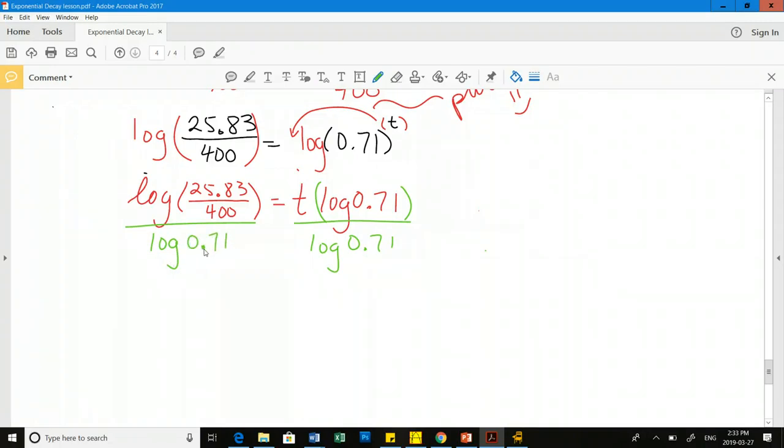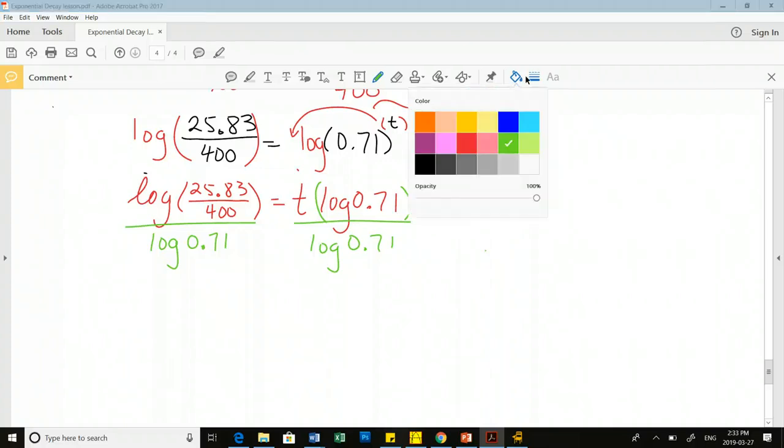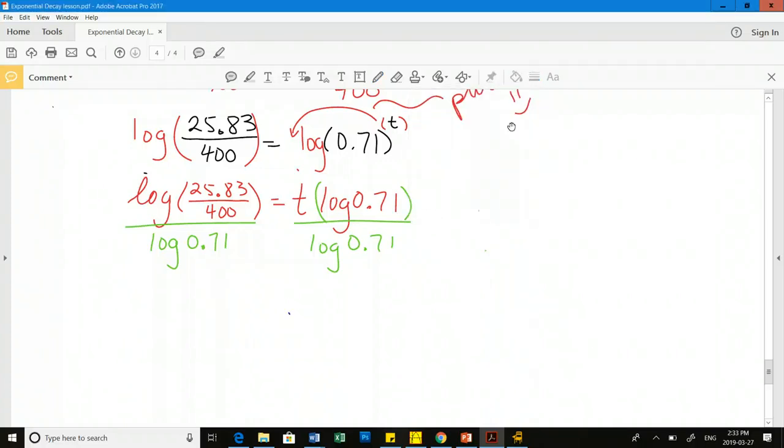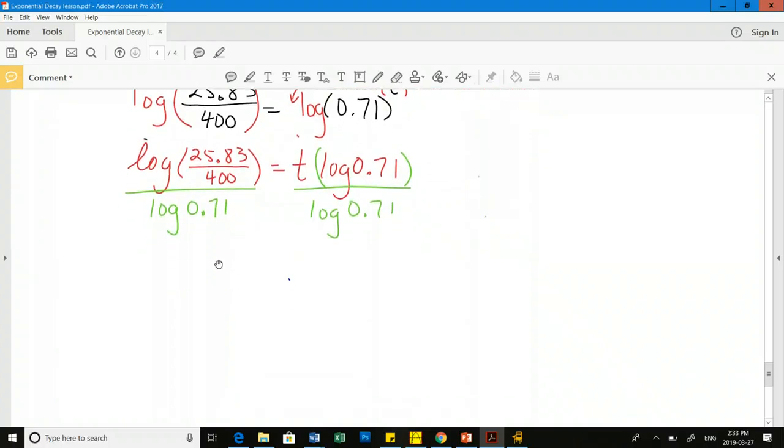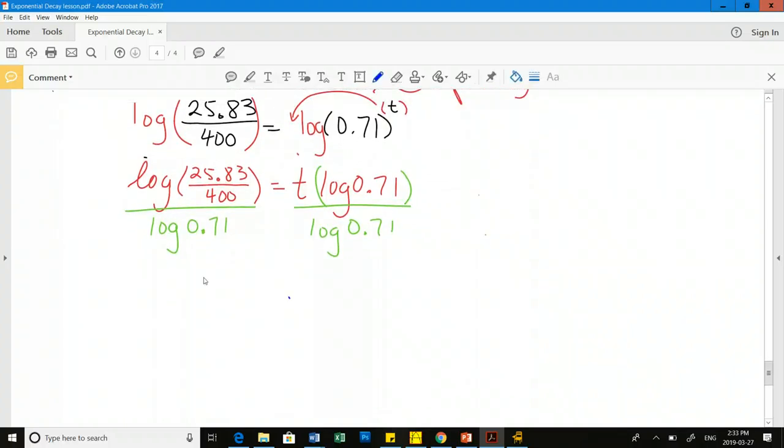Now that we have t by itself, I would actually try and calculate these things. Again, if I calculate all along, it's going to cause a lot of decimals to be rounded along the way. So I try to leave everything as exact as possible till we get to the final part here. The t is by itself, and then I can just calculate.